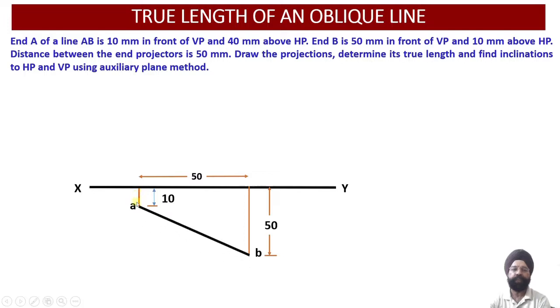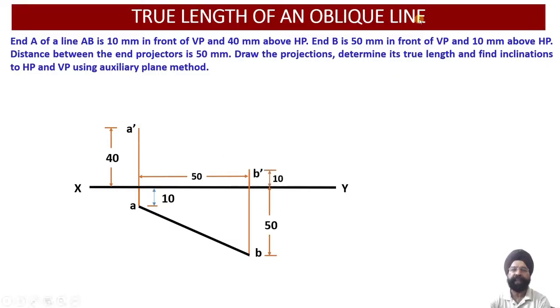Similarly, you can draw the front view elevation A dash B dash, and now we need to join A with B. Now let us draw the projections of the line in the front view. End A of the line lies 40 millimeter above the horizontal plane, so we have drawn end A dash 40 millimeter above the XY reference line.